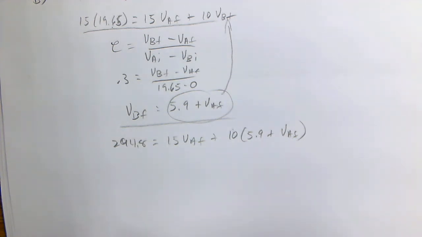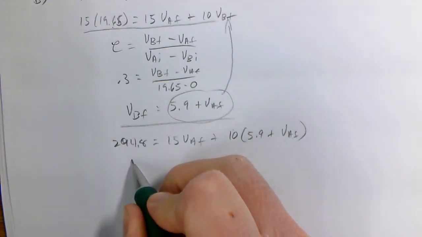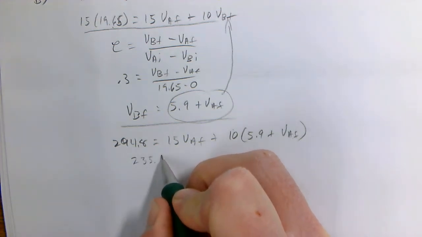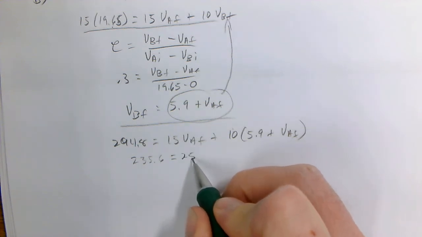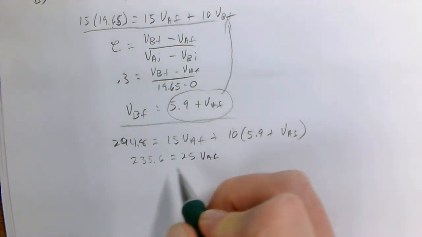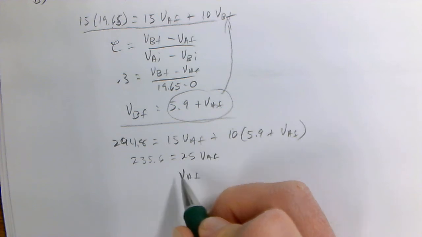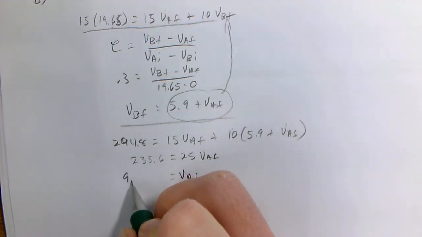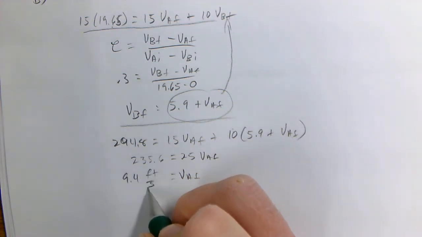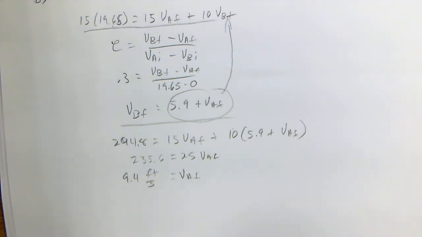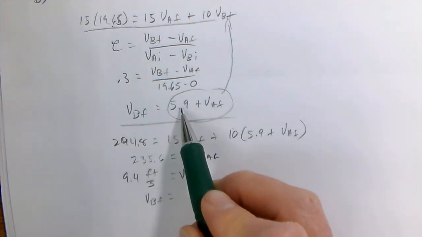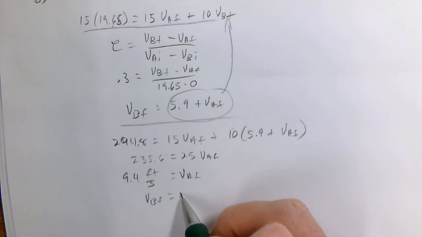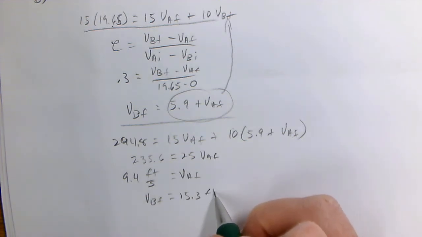Then multiplying this all out, we get 235.6 equals 25 VA final, and VA final equals 9.4 feet per second. And VB final equals 5.9 plus 9.4, 15.3 feet per second.